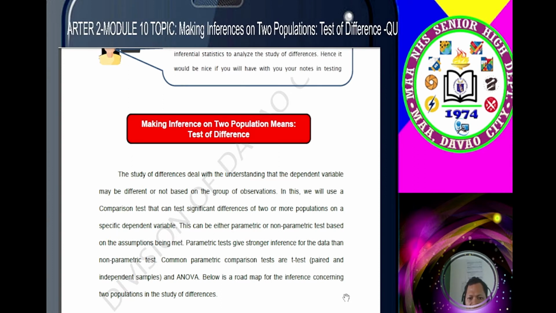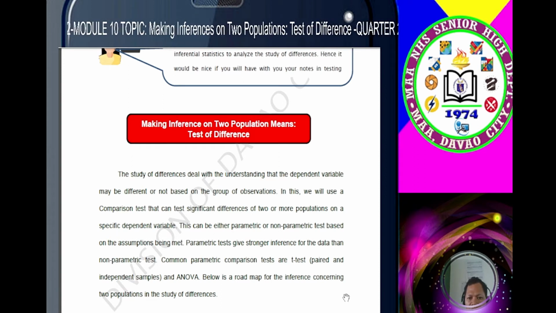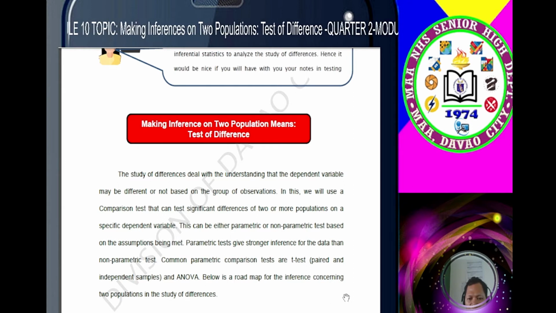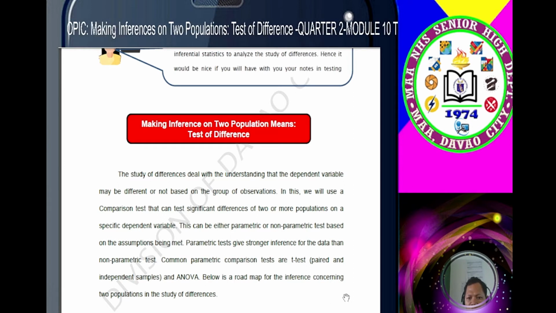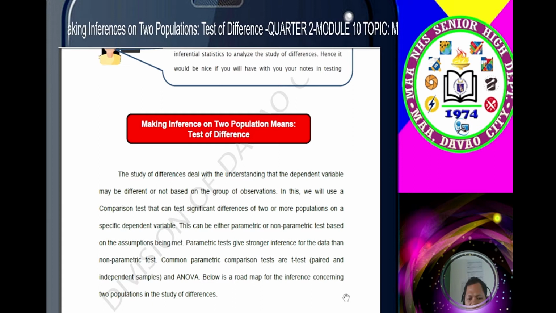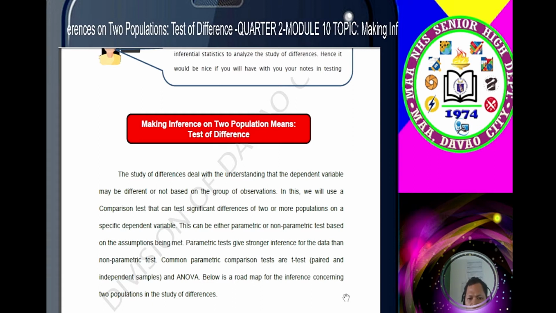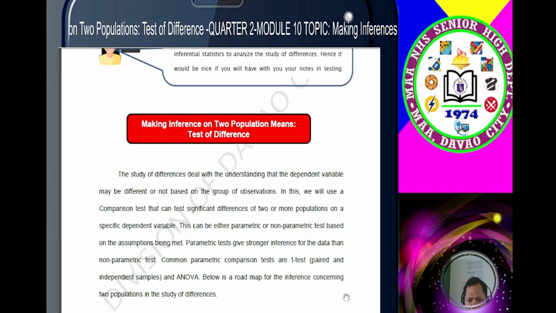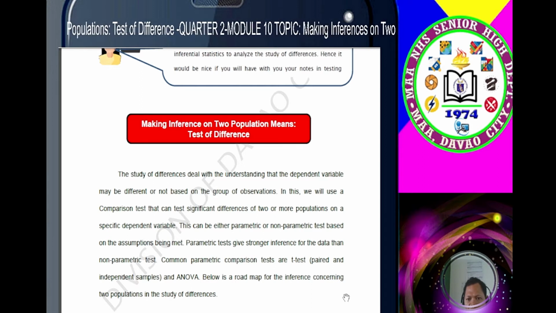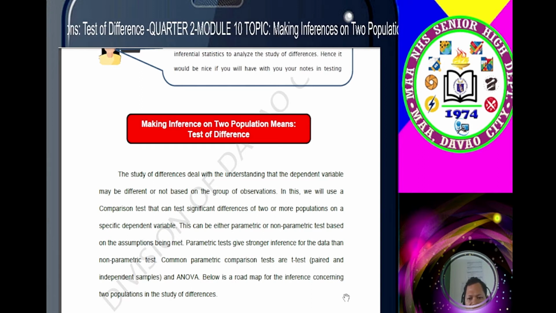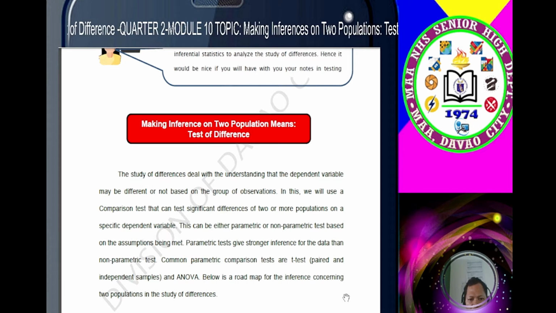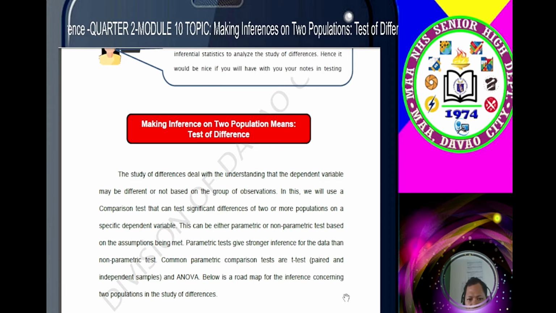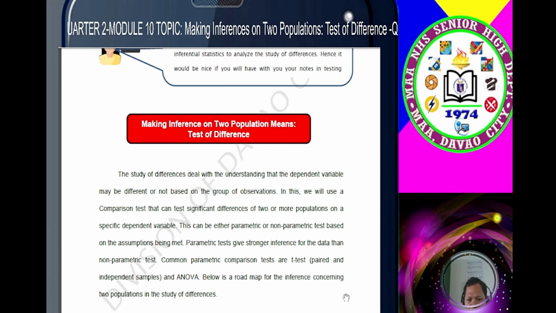This can be either a parametric or non-parametric test, based on the assumptions being met. Parametric tests give stronger inferences for the data than non-parametric tests. Common parametric comparison tests are the t-test, which has two types, the paired and independent samples, and the ANOVA.